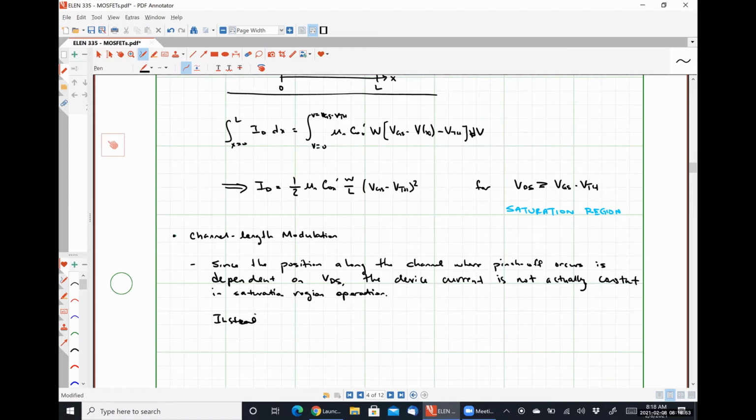Instead, the device current depends on a channel length modulation coefficient.